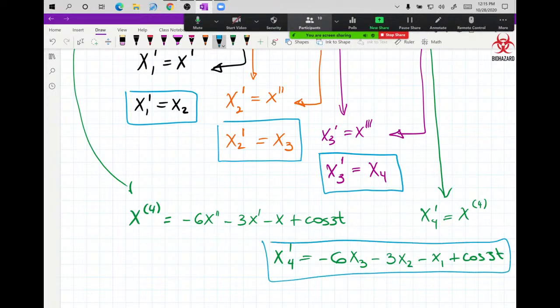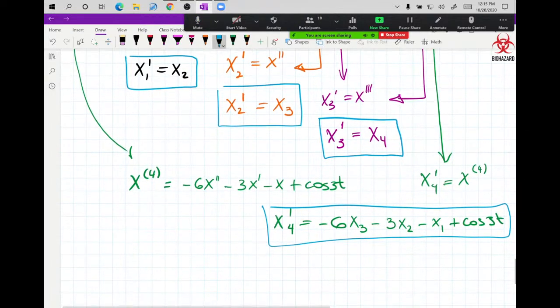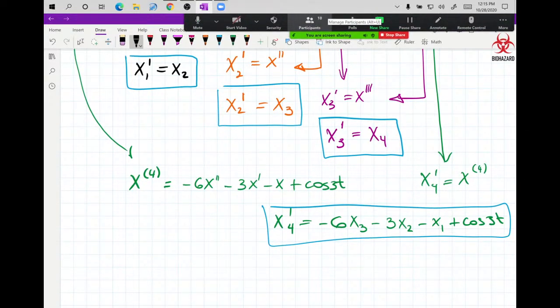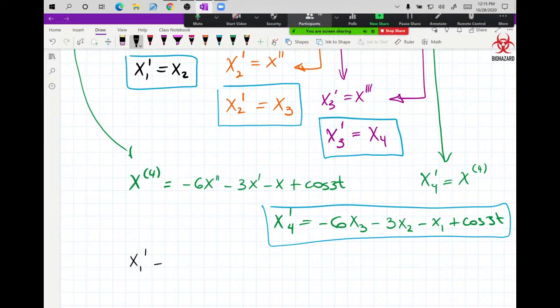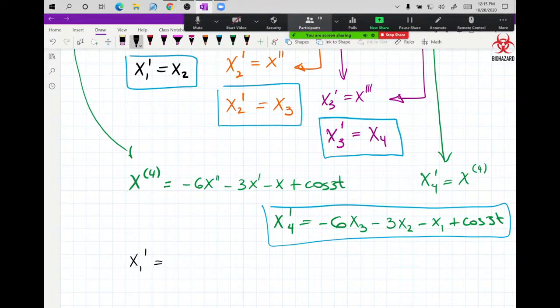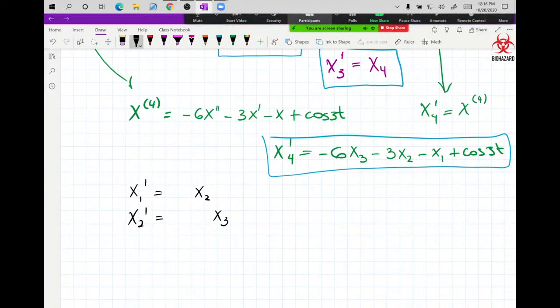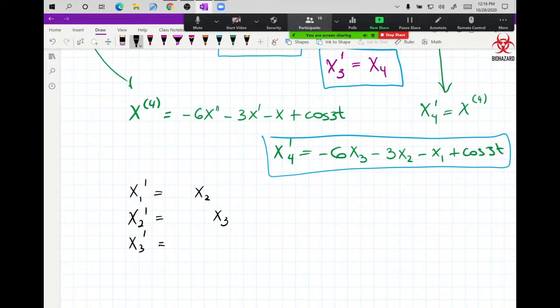Now all we need to do is to write these equations in order, and we're done. So x1 prime is x2. You can leave some space for x1 from other problems. x2 prime is x3. x3 prime is x4.